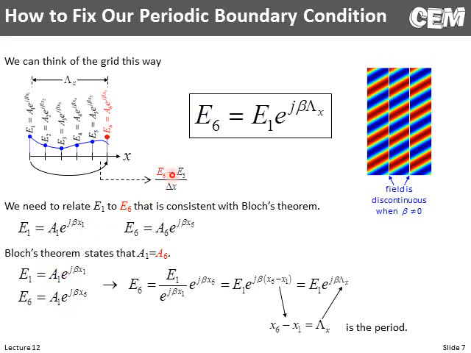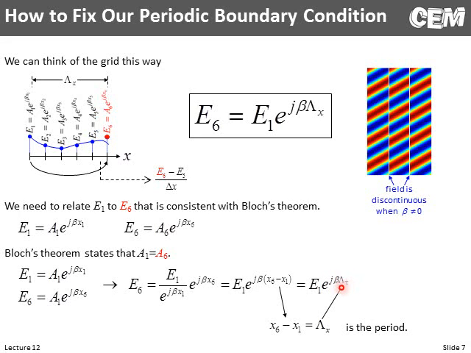But our boundary condition requires an E6, so we want E6 now in terms of E1. So let's combine these equations, and it turns out that E6 all by itself, so this is the combined A1 times e to the j beta x sub 6, ends up equaling E1 e to the j beta lambda x, where lambda x is the period.